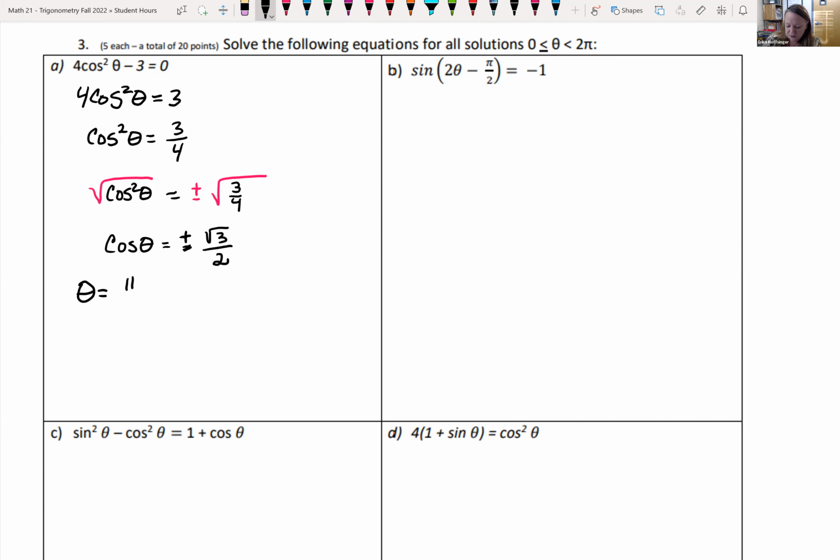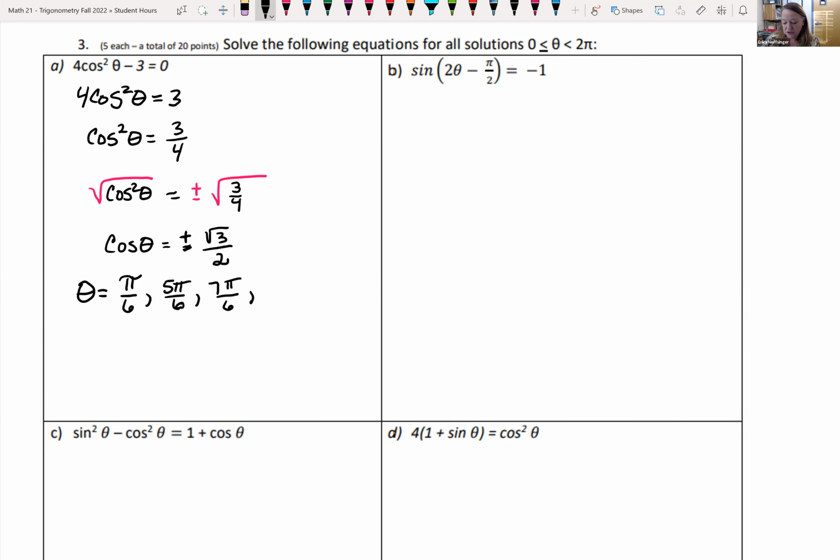So first quadrant, like we said, was pi/6. So in the second quadrant, I would have pi minus pi/6, which is 5pi/6. To get into the third quadrant with a reference angle pi/6, I'd add pi to pi/6, which is 7pi/6.